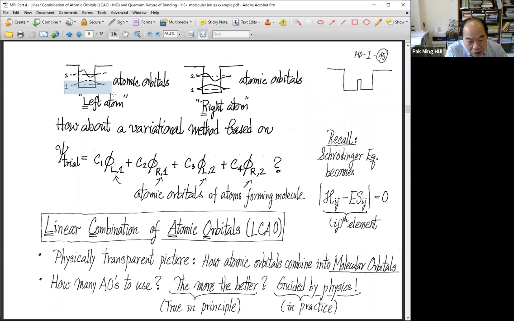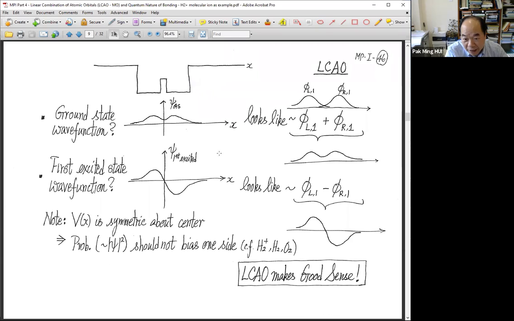If I only use the left and right ground states, and combine them, that is to say, I only use two terms. I don't care about the first excited state. Left, right, add them. It's not bad. Do you see? Okay, do you get the point?